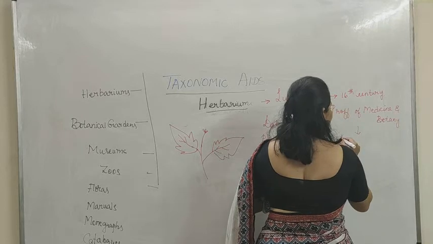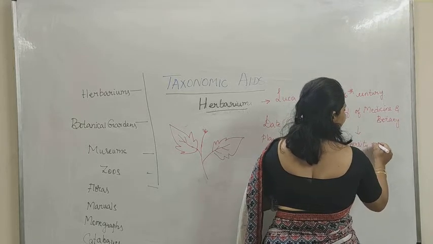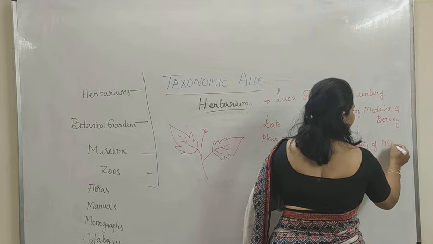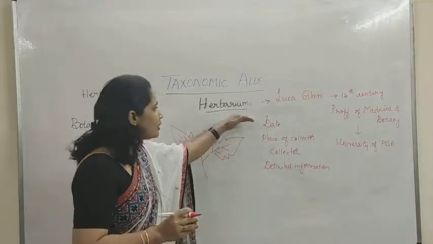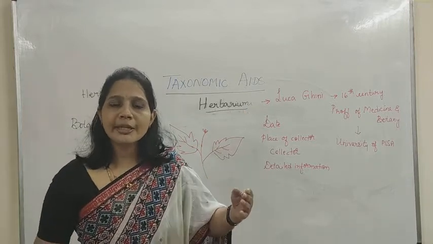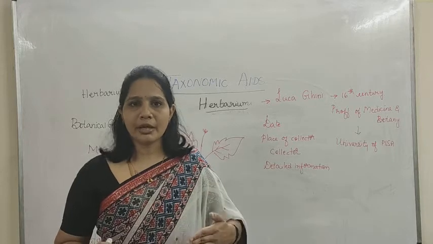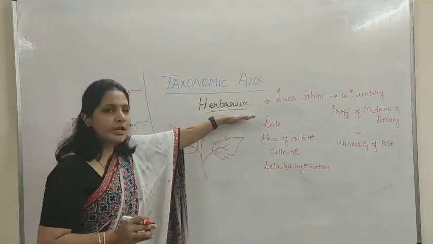He belonged to the University of Pisa. Right? Because of these herbariums, some ecological information, evolutionary relationships and all can be studied regarding a plant. So this is what is known as a herbarium.